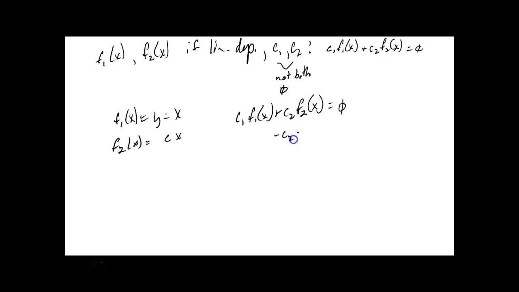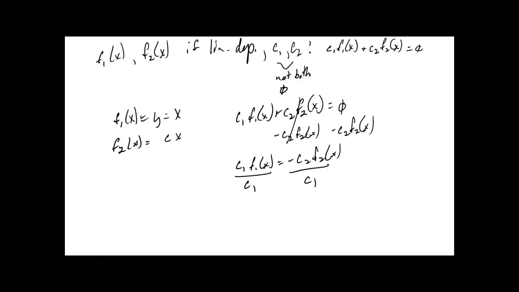Let's subtract c2 f2 of x from both sides, okay, and that gives us c1 f1 of x is equal to minus c2 f2 of x, and then divide both sides by c1. Now we're assuming c1's not 0, and now what we have is f1 of x is equal to minus c2 over c1, with c1 not being equal to 0, times f2 of x.